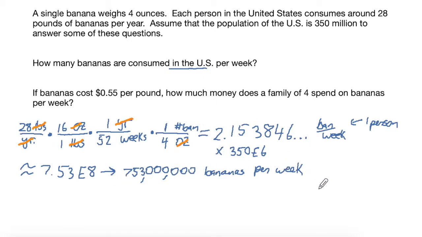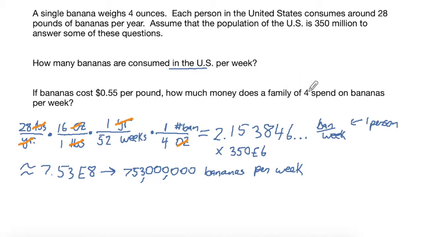All right, so the second part of the question is this: if bananas cost 55 cents per pound, how much does a family of 4 spend on bananas per week? Well, I know the bananas per week up here was the single person, right? So one of the things I have to do to that is just to get it into how much it costs per week.